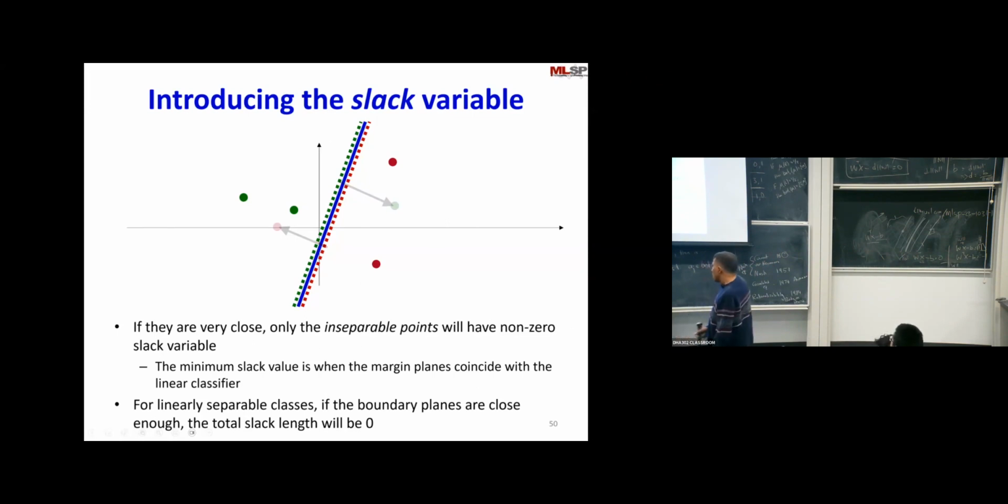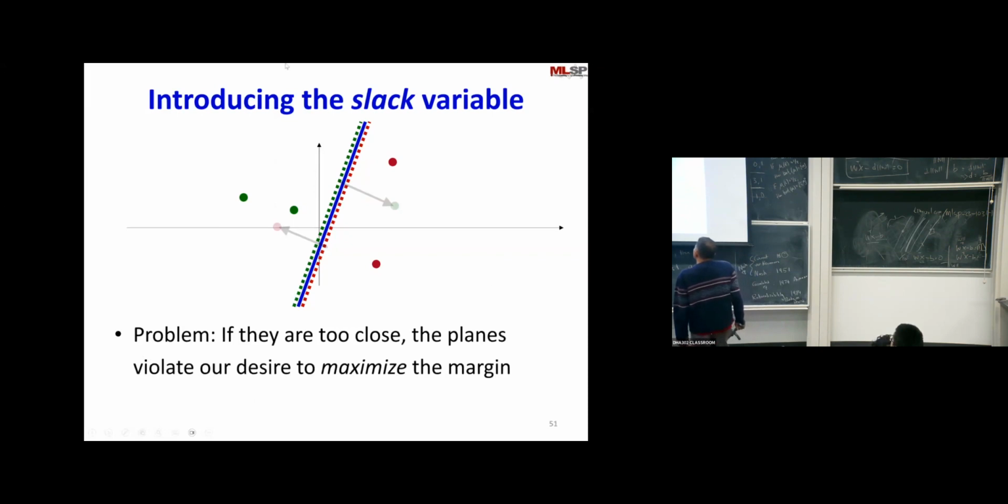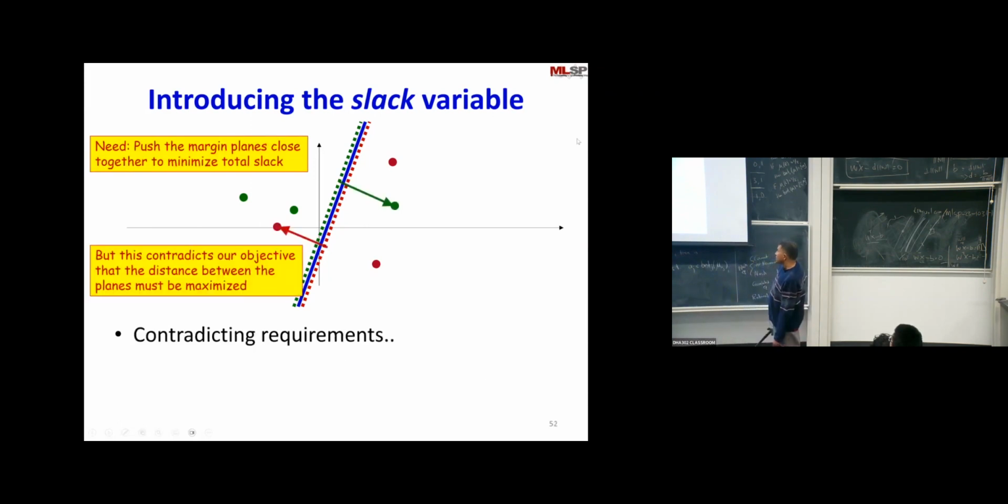If the boundary planes are too close, they violate our desire to maximize the distance between these boundary planes. And so we have two contradicting requirements. You want to push the margin planes close together to minimize the total slack. But at the same time, you want to maximize the distance between them to make the classifier as conservative as possible, right?